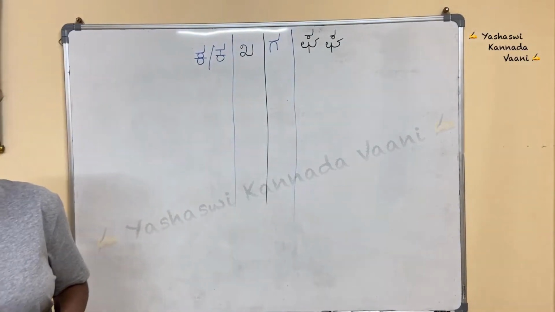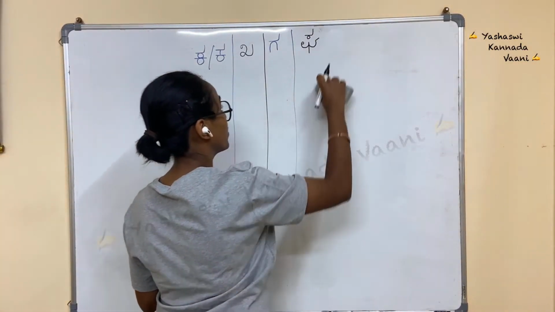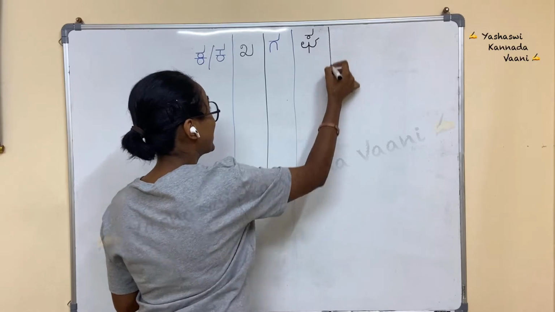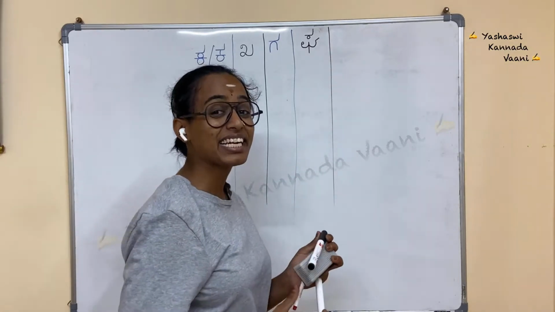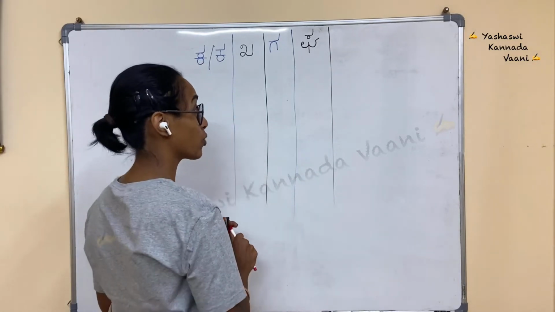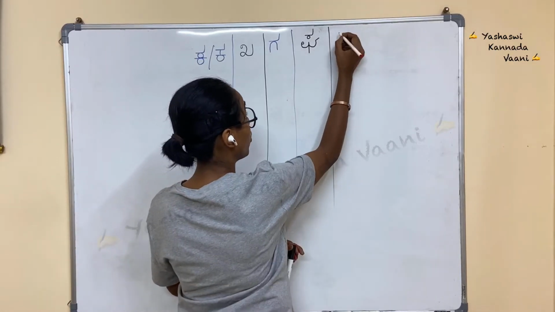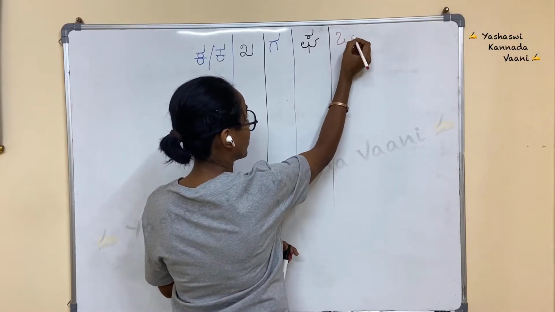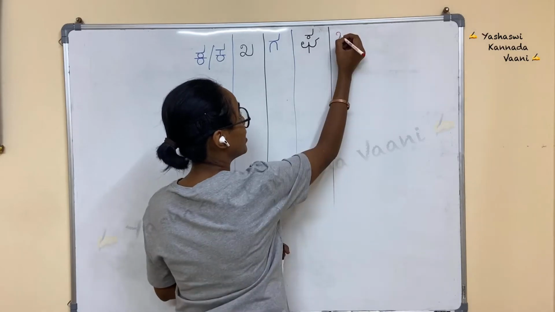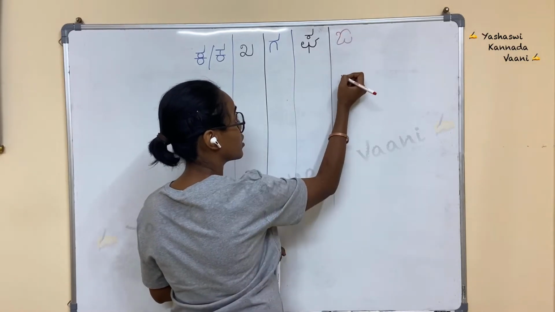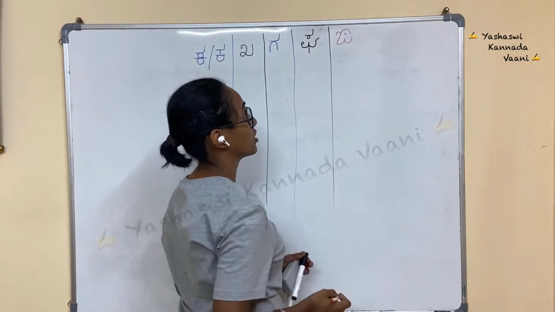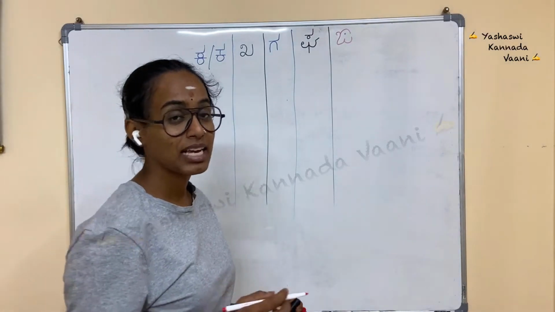We'll go with the next letter. The next letter is Nya. Yes. So first you write like a O. How do you write like a O? Yes. Then draw arch. Then put a dot. This is Nya.